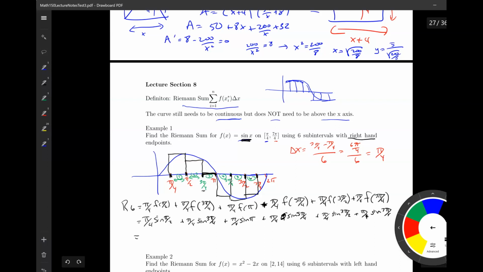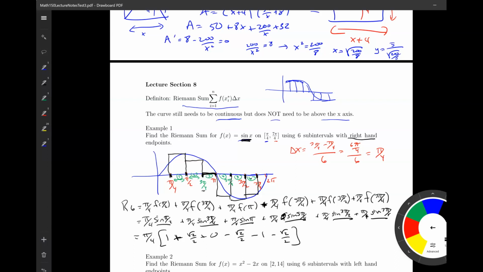Okay, so I really could factor this pi over 4 out. Sine of pi over 2 gives me 1, plus sine of 3 pi over 4 gives me root 2 over 2. This gives me 0. This gives me negative root 2 over 2. This gives me negative 1. And this gives me negative root 2 over 2.